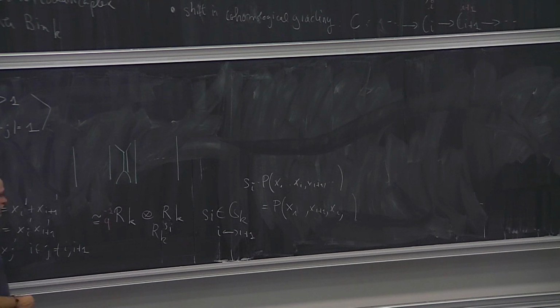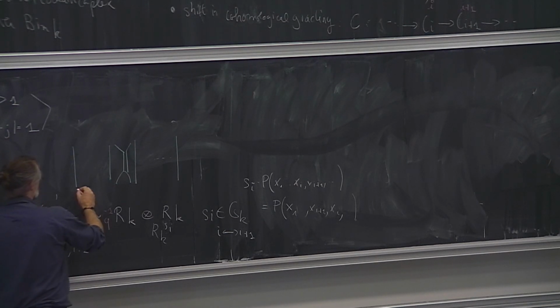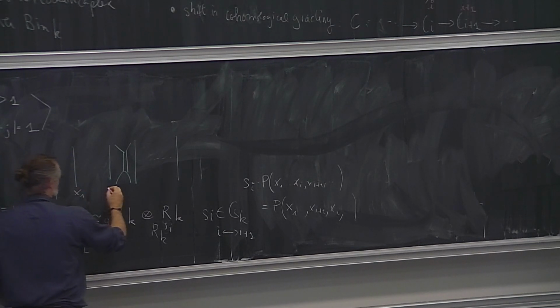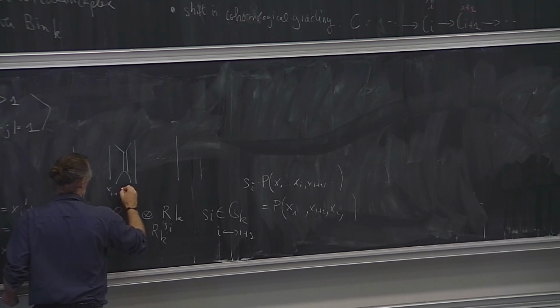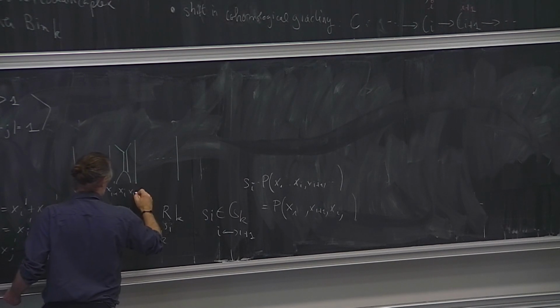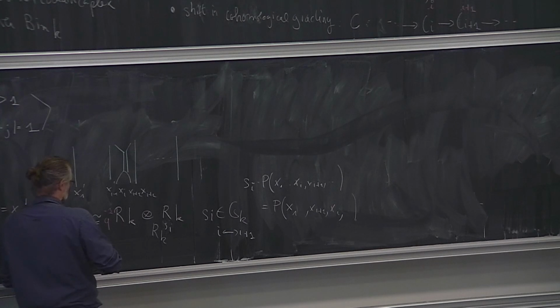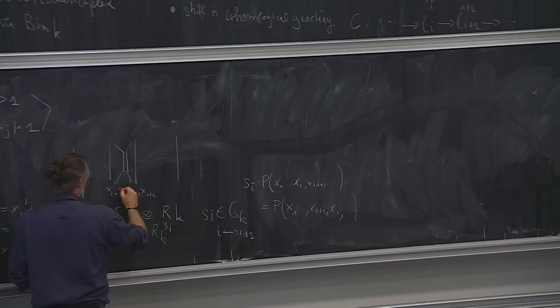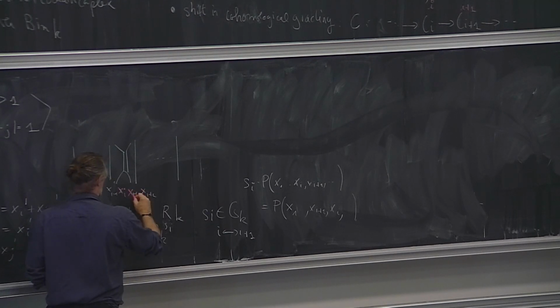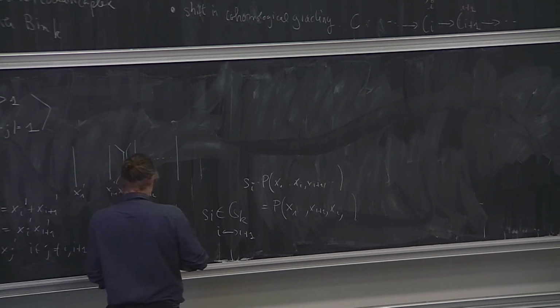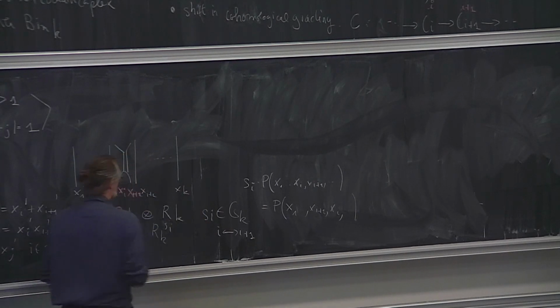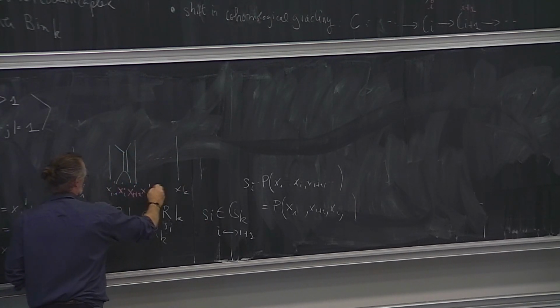So the variable, let's hope I didn't mix it. So the variable on the bottom are the xi prime. So maybe let's stick to the xi. Okay, and this is the prime.